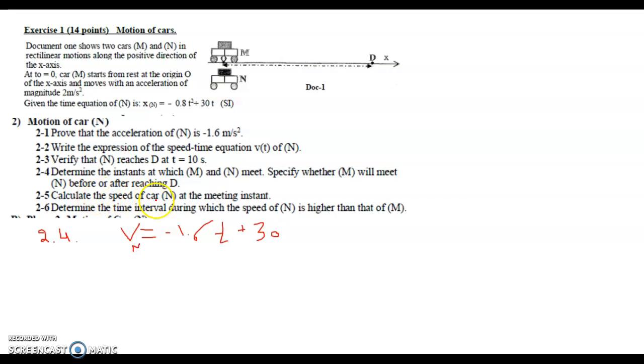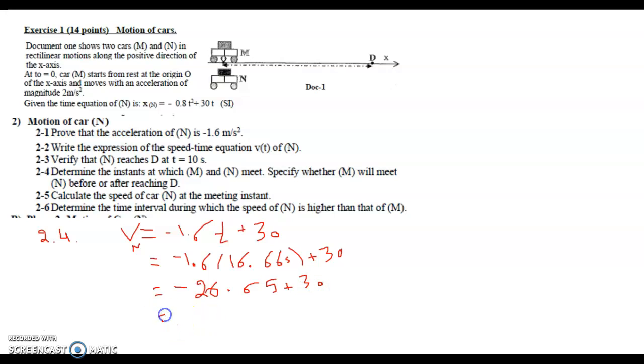So they want the speed at the meeting point. The meeting point is at t equal 16.66. So you substitute minus 1.6 times 16.66 plus 30 is equal to, 1.6 times 16.66 is minus 26.65, plus 30.